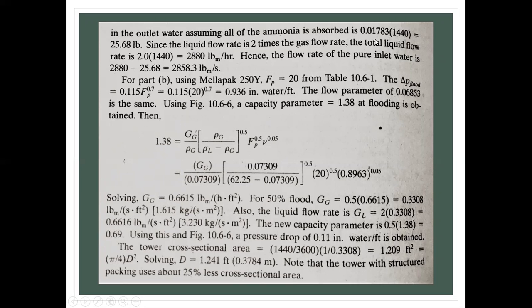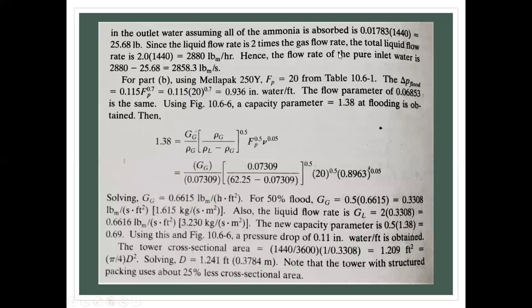So this is the part where the 0.01783 that you solved at the beginning, the weight fraction of ammonia of 0.01783, you make use of now. If you did not determine this initially, when you go to the last part, you will still determine it. Why?